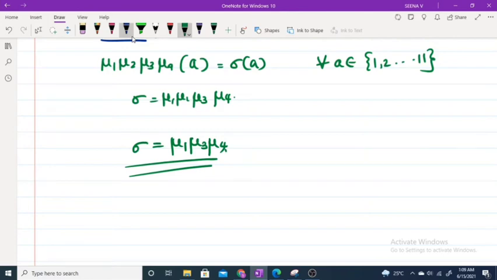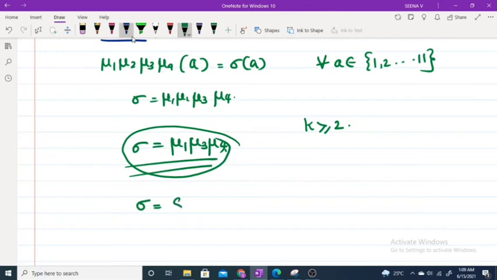That means every cycle here is disjoint and each cycle has length greater than or equal to 2. And you can prove that if you write sigma as some delta 1, delta 2, delta 3, then delta 1, delta 2, delta 3 is equal to mu1, mu2, mu3.